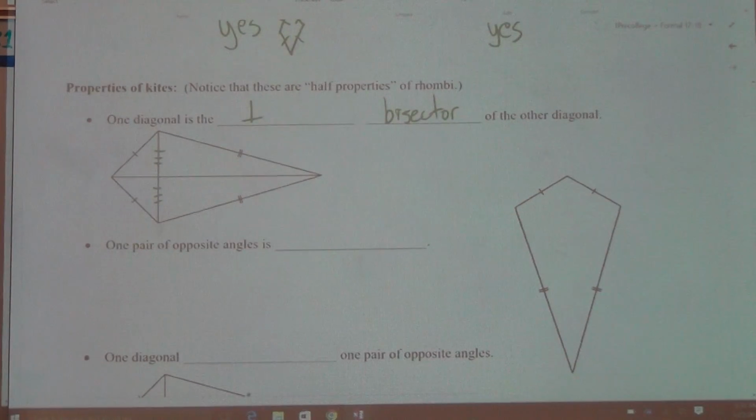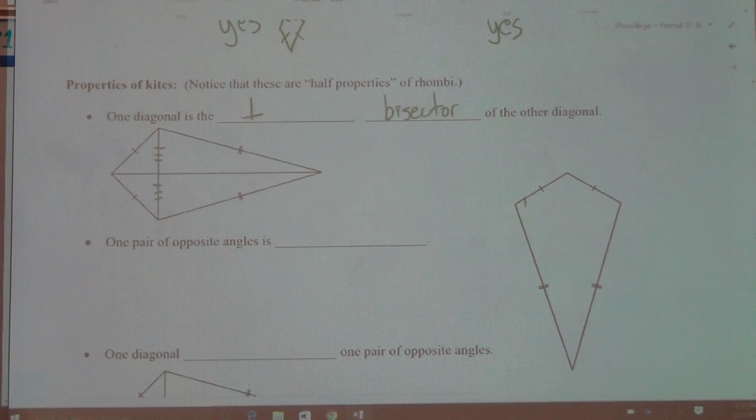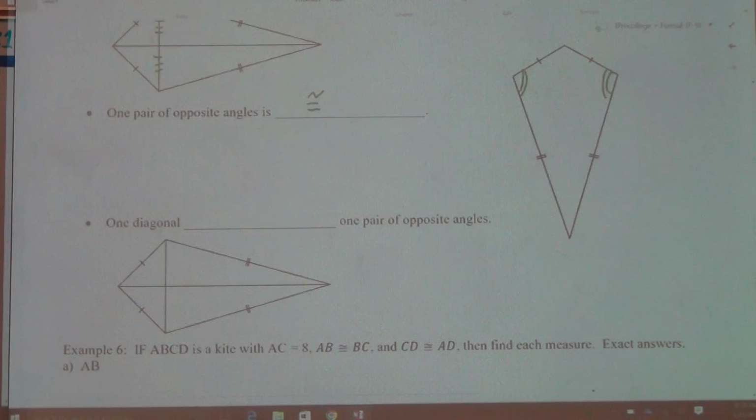We have one pair of opposite angles that are congruent. We have one diagonal that bisects one pair of opposite angles.